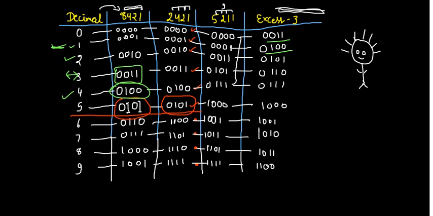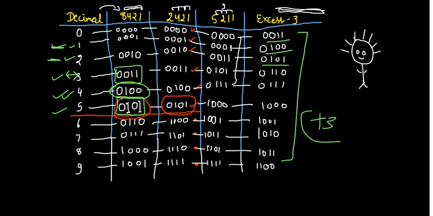And now when we needed to write number 2, we again go excess 3. So this is 0 1 0 1. I hope you get the idea of the meaning of excess 3. It just means plus 3. Every time you need to write a number, just add 3 and then write it down. So this is the excess 3.